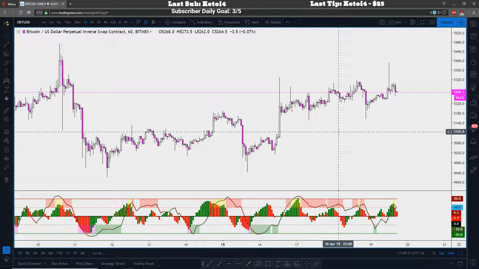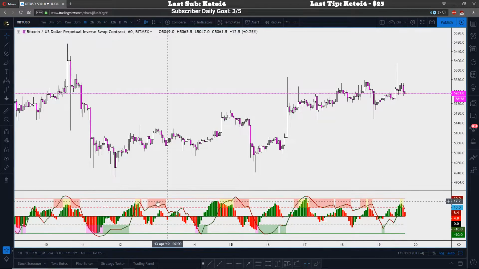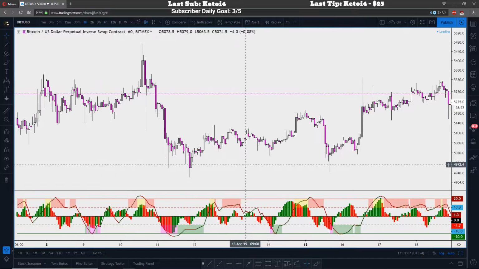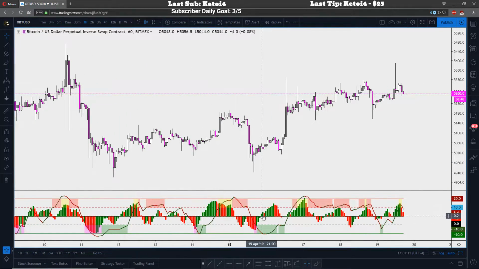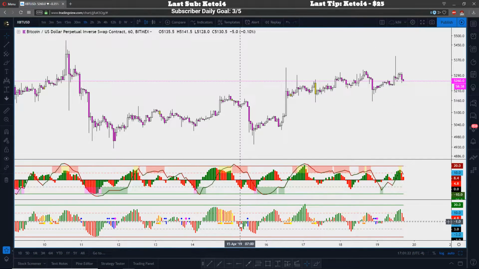So for the reversal signals, you're going to look at the shadings. So the shadings on the bottom, the shadings on the top. For the divergence, you're going to look at the histogram or the trend line. I have a separate indicator that does the divergence based on the histogram, but with the current price action, it's very, very choppy and it's getting chopped out a lot.